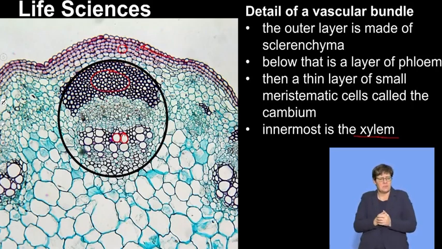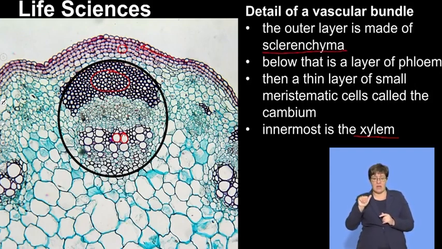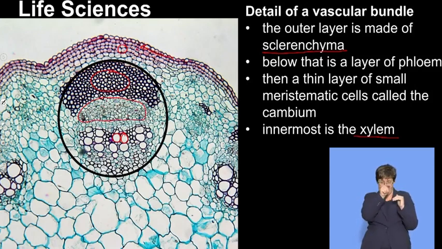And their walls are evenly thickened, so that is the sclerenchyma. And between the two are thin-walled cells. And there's two different types of thin-walled cells here, filling that space of thin-walled cells. That is the phloem.